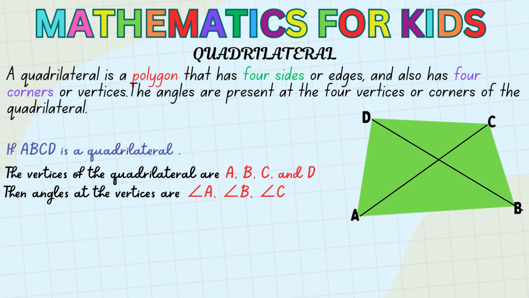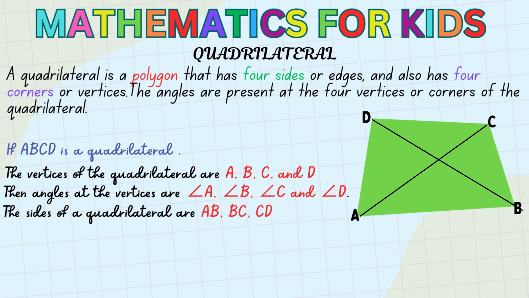The 4 angles are angle A, angle B, angle C, and the last angle D. And the sum of angles in the quadrilateral is equal to 360 degrees. And finally, this quadrilateral has 4 sides or 4 edges. They are side AB, side BC, side CD, and the last side DA.